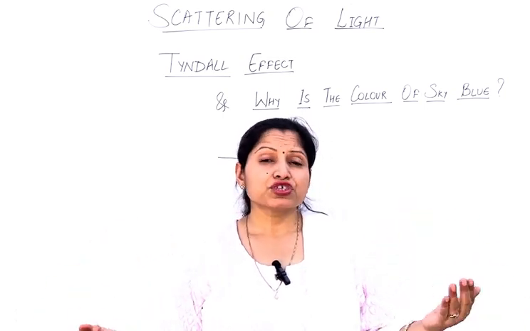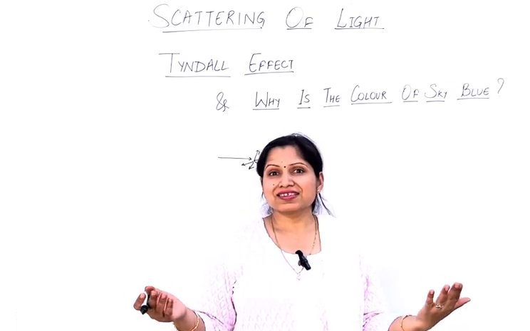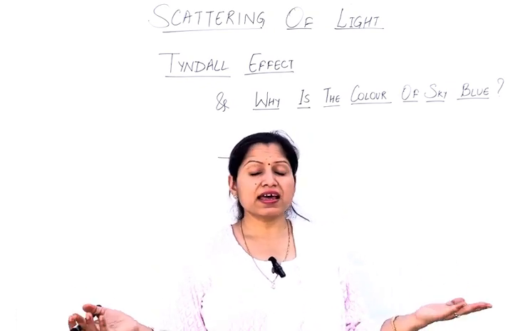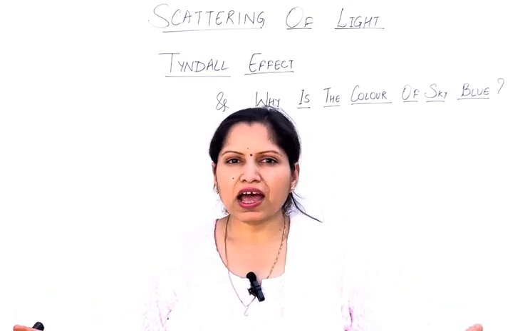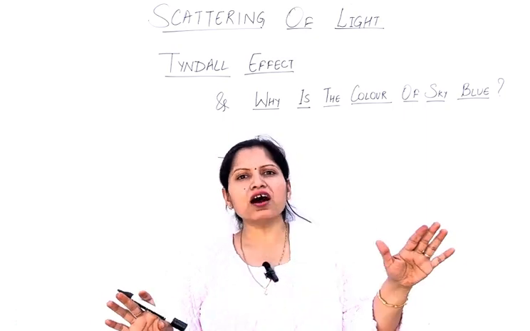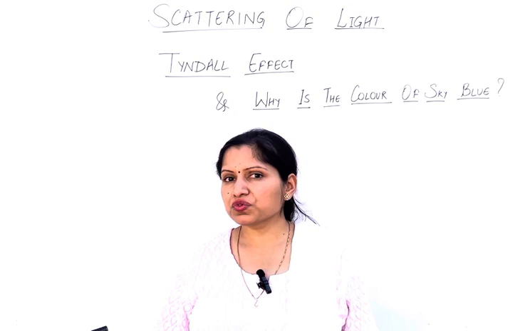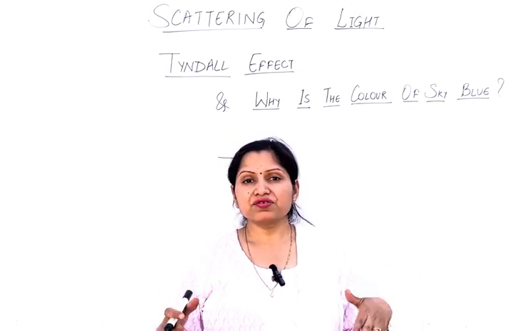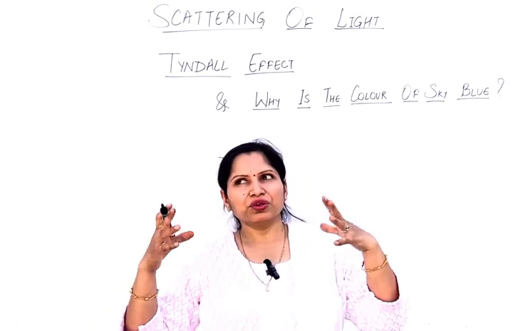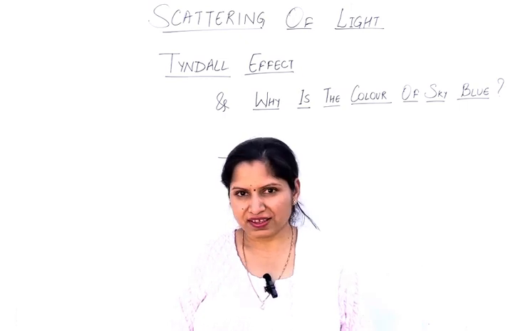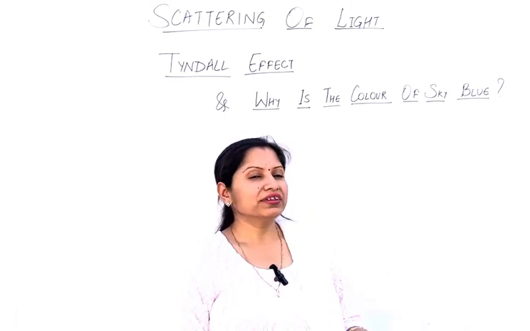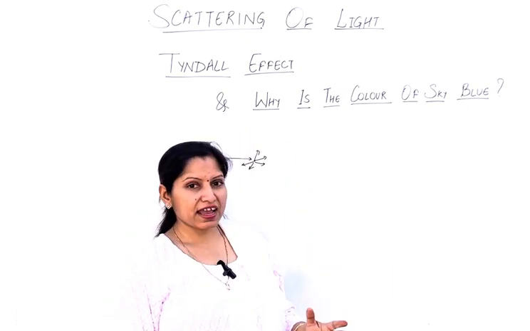So the sky will appear completely dark to an astronaut, because in the absence of atmosphere there can't be scattering, and if scattering is not there, then we do not see the light around us. So that is the reason for the color of the sky being blue.